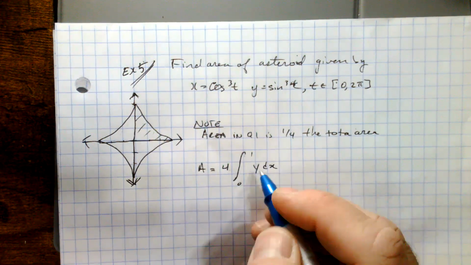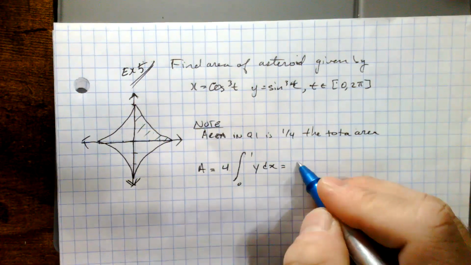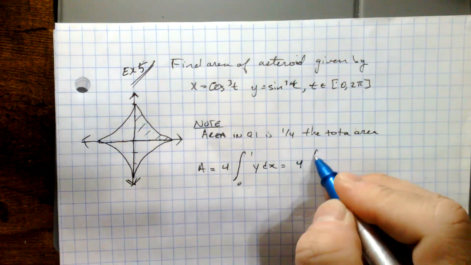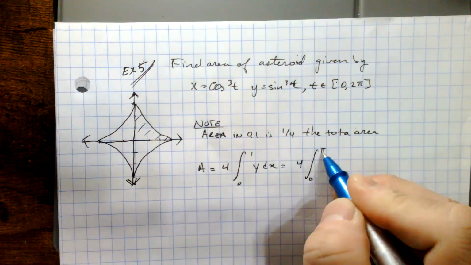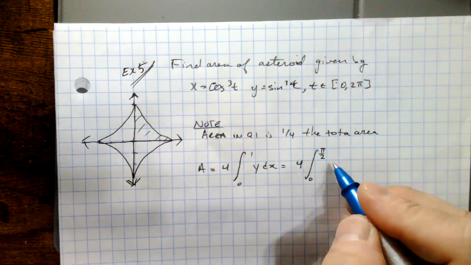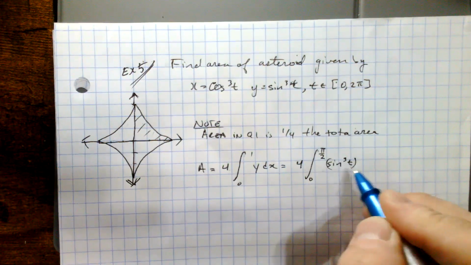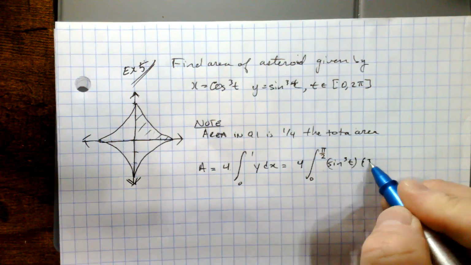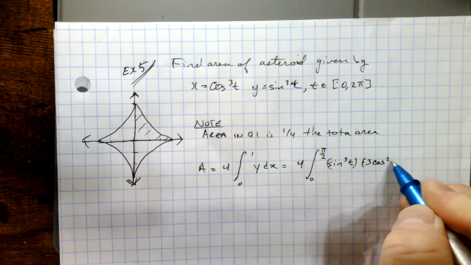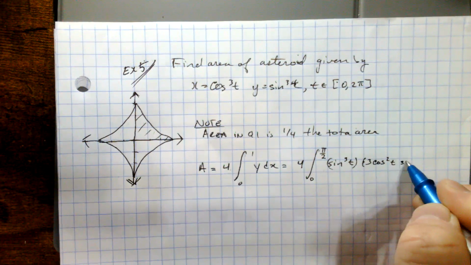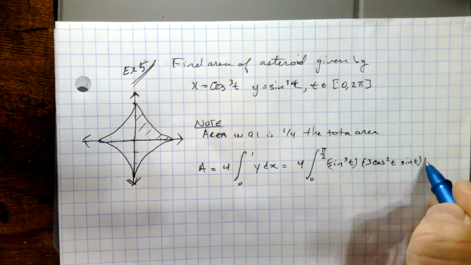Okay, so let's plug in what we know. This is going to be 4 times the integral from 0 to pi over 2 of sine cubed of t times 3 cosine squared t sine t dt.